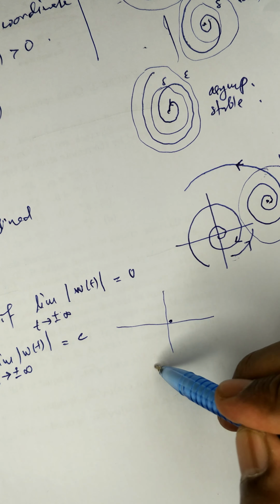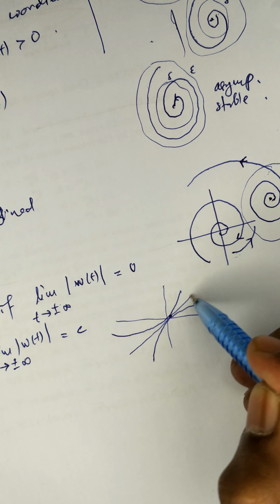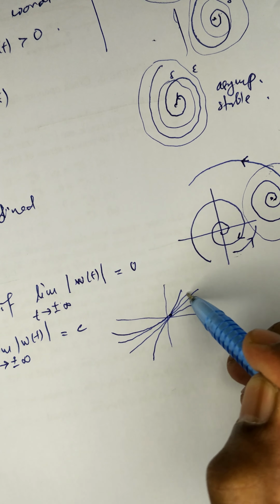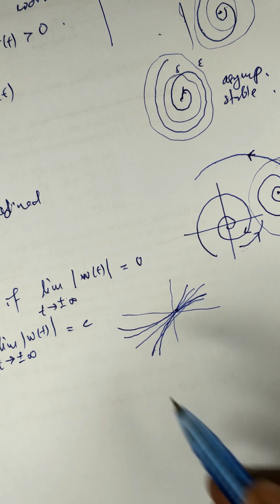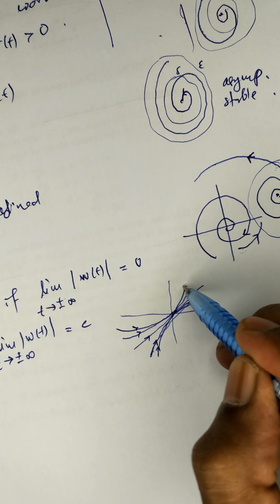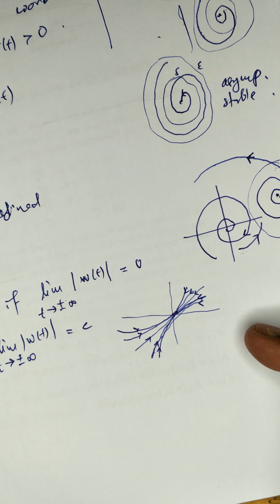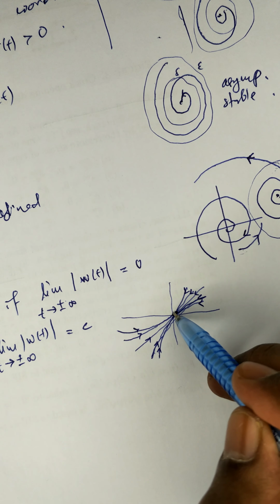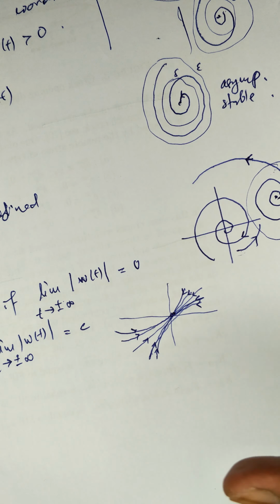We have trajectories like that and that and that, and some more here. They pass through the critical point, so the direction is toward the critical point. In this case we call it a node. Again, if it approaches the critical point, then we say it's asymptotically stable. If the direction is away from that, then we call it unstable.